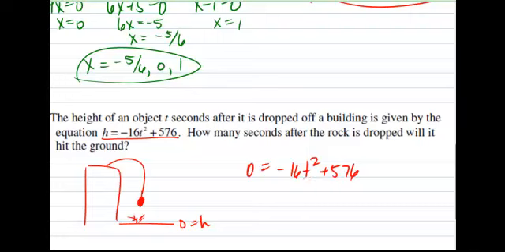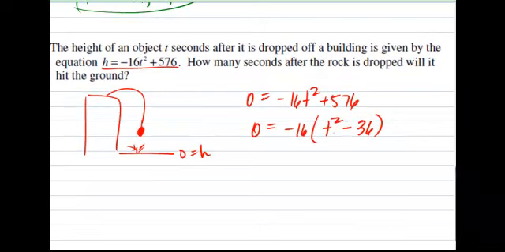So I'm looking at this 2-term equation here, and I know that I can factor out a negative 16. So let's do that. I'm going to say 0 is equal to negative 16 times t squared minus 36.